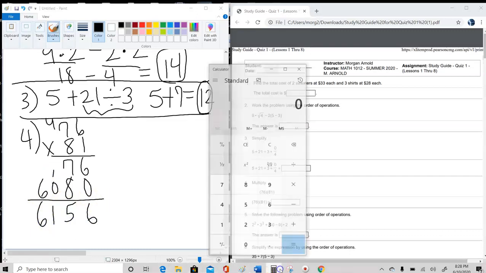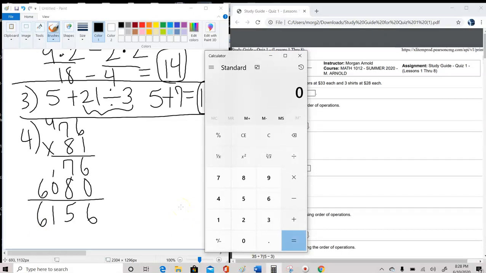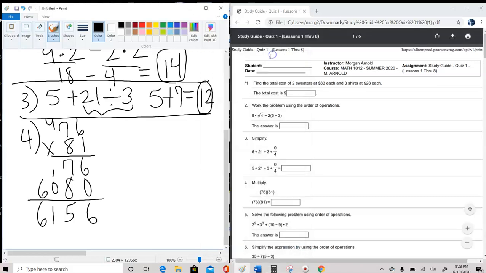And let's check our answer with our calculator. So 76 times 81. So if your question is not a show work problem, yeah, you can use your calculator to get the answer.